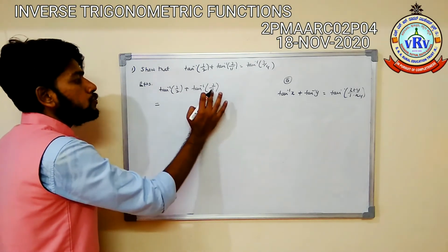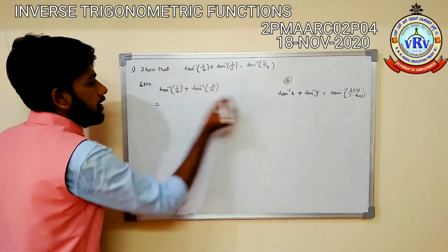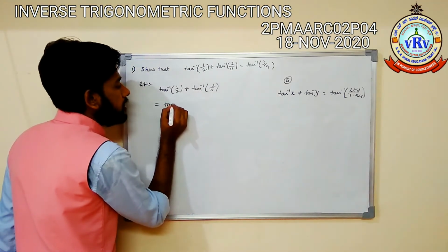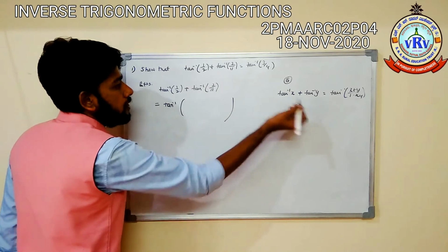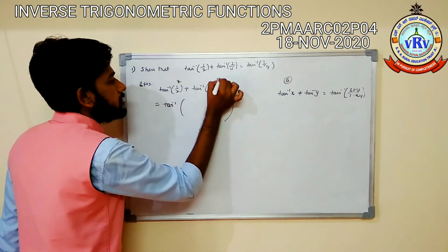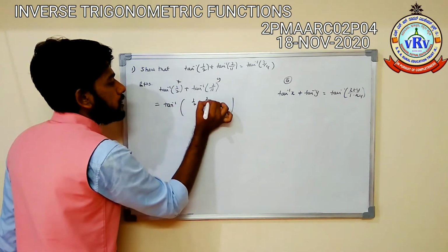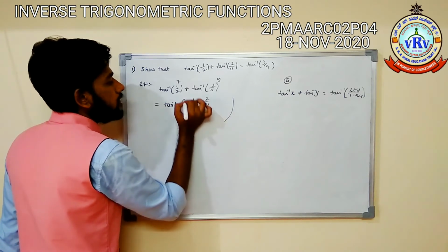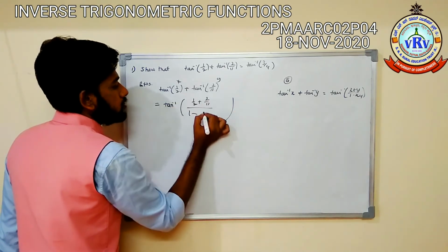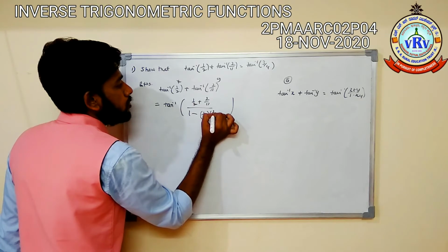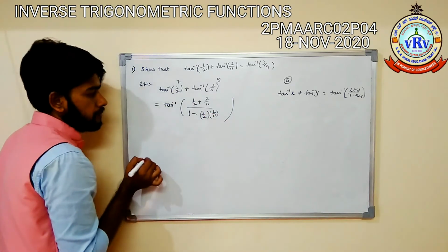Here x is 1 by 2, y is 2 by 11. So I can directly write it's equal to tan inverse of x plus y, 1 by 2 plus 2 by 11 whole divided by 1 minus xy, so 1 by 2 into 2 by 11.